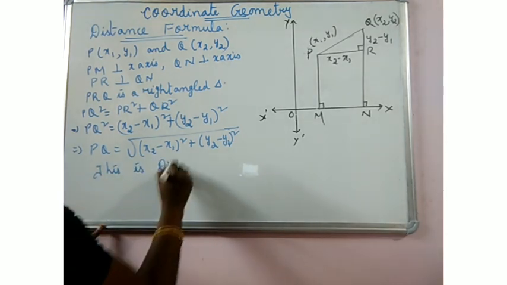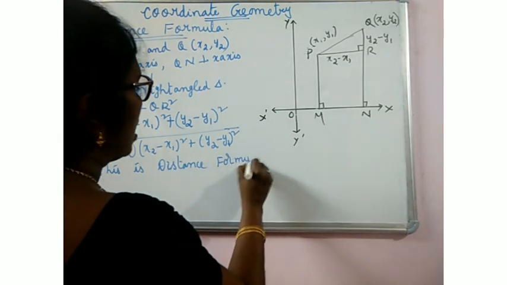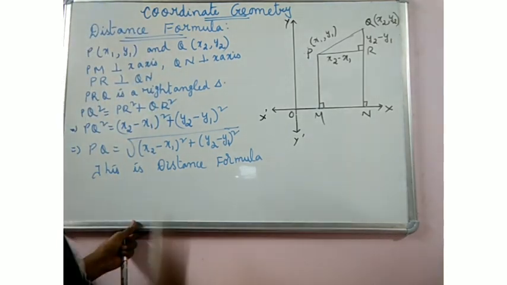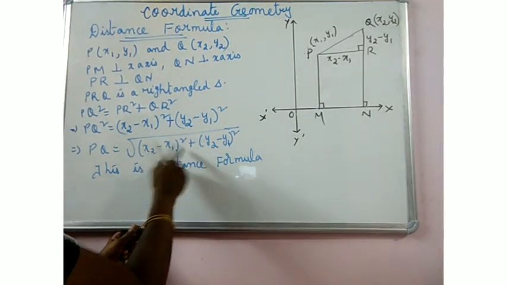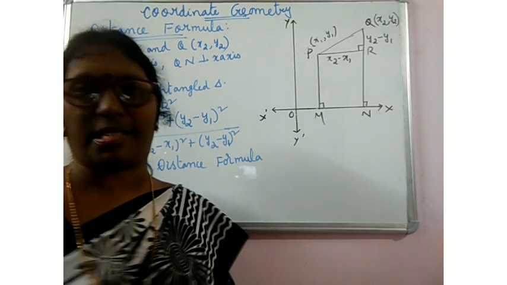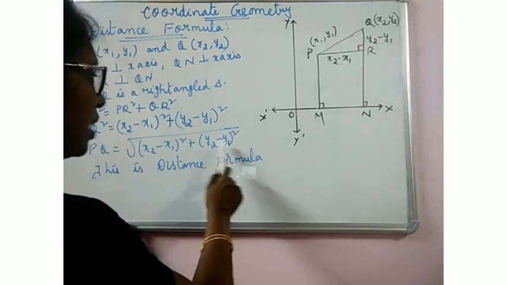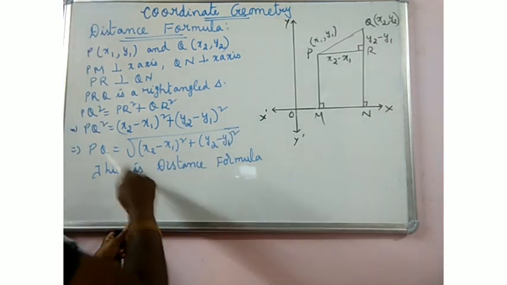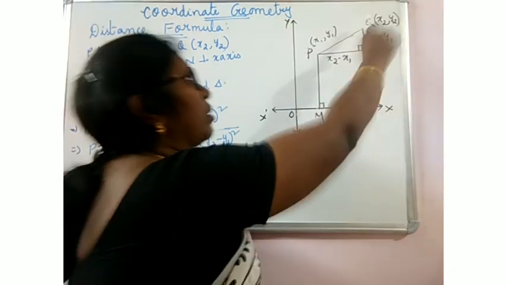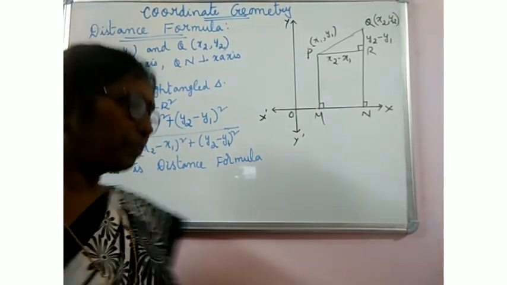That means if you want to find the distance between 2 points, square root of the sum of the squares of the difference of x coordinates and the difference of y coordinates. If you do that, you will be getting the length of PQ or the distance between 2 points.